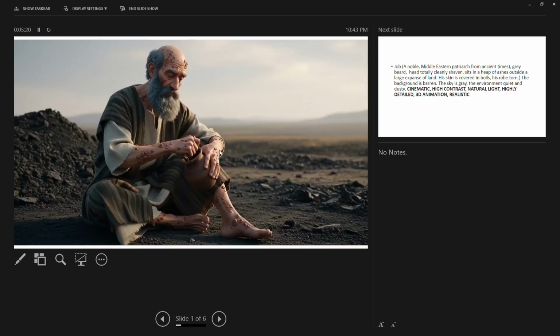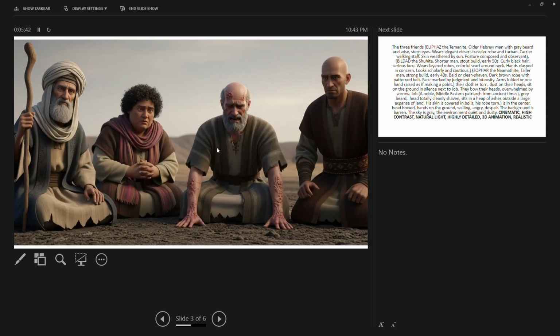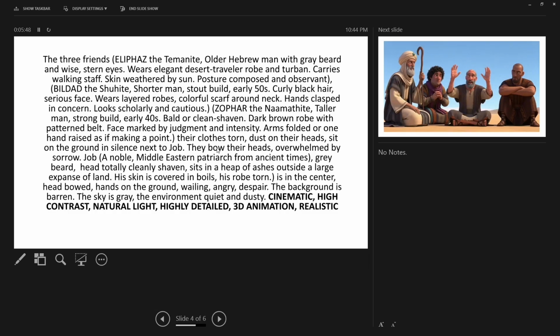Then I wanted to put extra characters into the frame because at that point in the Bible, Job's friends came around to console him. So you have to put the prompts that will accommodate those other friends of his. And what did I do? This is the prompt that generated the product. I don't want to take too much of your time, so I would like you to pause the video while watching it and go through the prompts, because it's a lot.